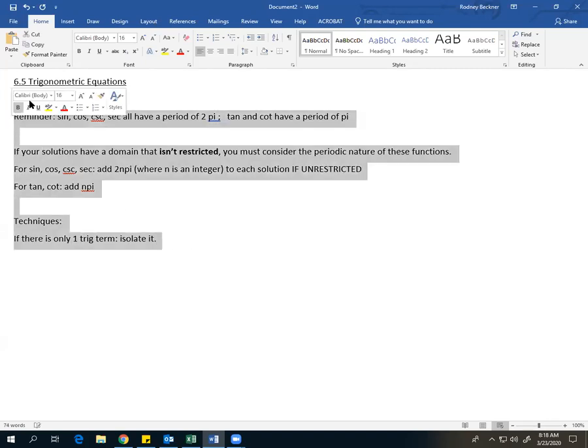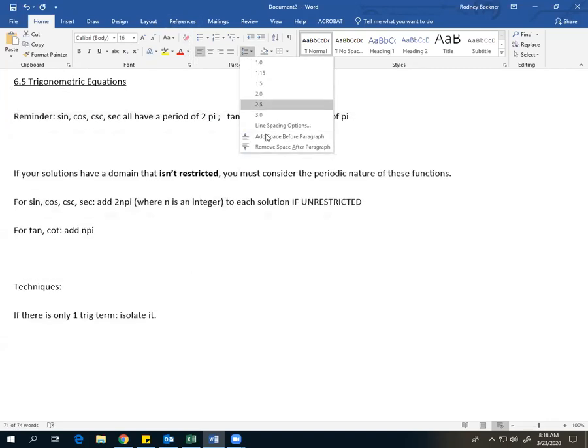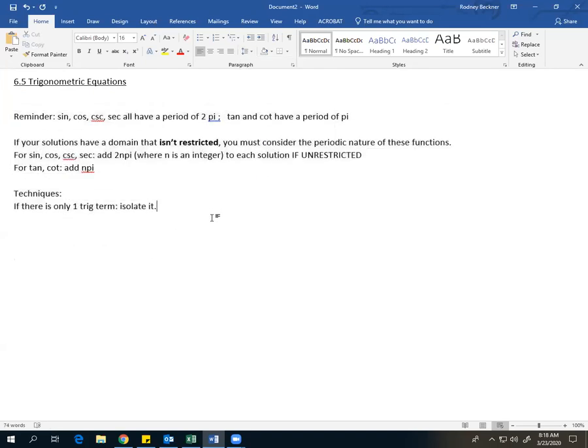So if there's only a single sine or a single tangent or a single cosine, then isolate it. Now, what I mean is one type of trig term. So maybe there's a sine on the left and a sine on the right, or a cosine on the left and a cosine on the right. So if there's only one type of trig term, isolate it.